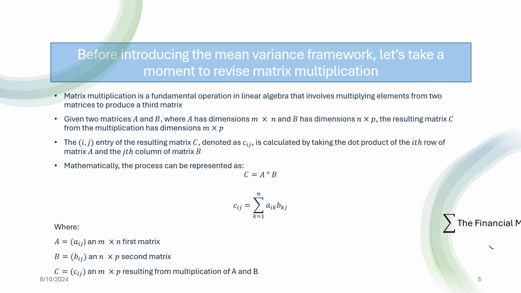We see that we have a summation sign, meaning that it combines all individual elements by row and column.